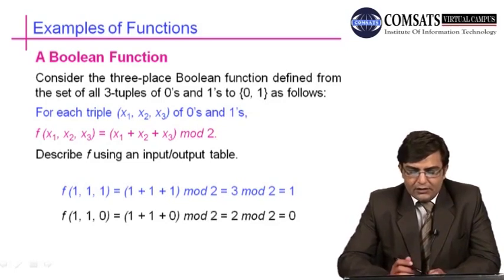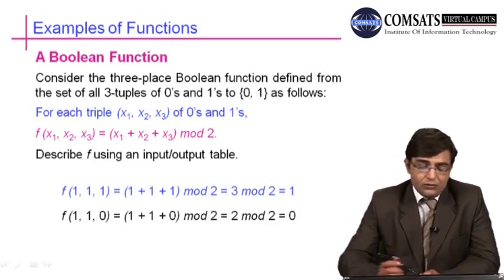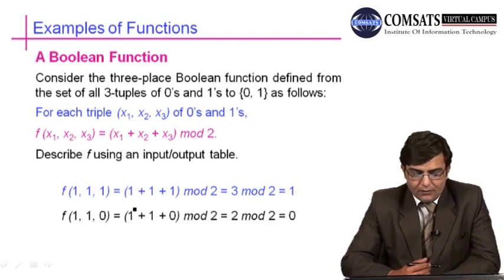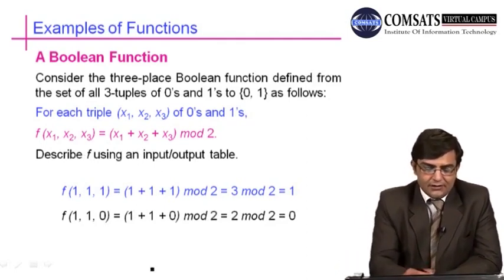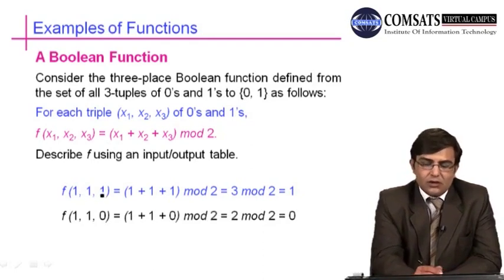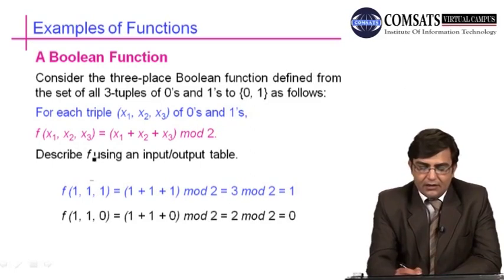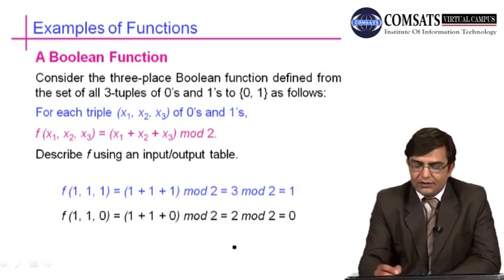So how can we perform the calculations in this function? If we have f of 1, 1, 1, meaning x1 is 1, x2 is 1, x3 is 1, then 1 plus 1 plus 1 is 3 mod 2, and 3 mod 2 is 1.